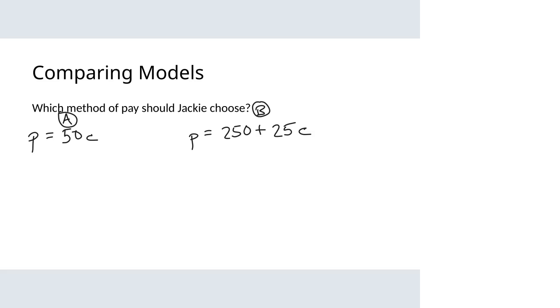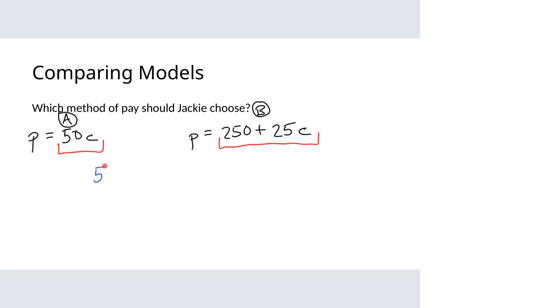So let's do this. Let's think, what number of computers sold would make this pay equal? And the way that we'll figure that out is we'll look at the two and we'll say, well, when would 50 times C be equal to 250 plus 25C? If we look at those two things, let's decide what number of computers is going to make this equal.